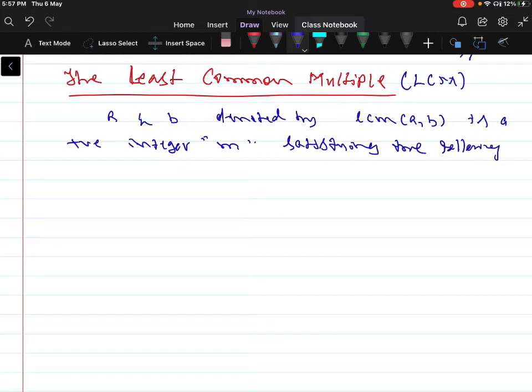First one, a divides m and b also divides m. So that is, m is a multiple of a and b.